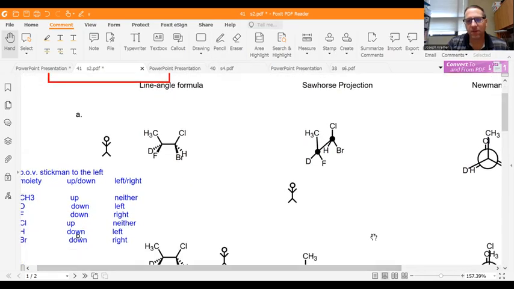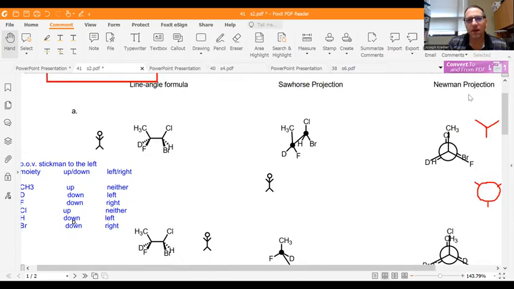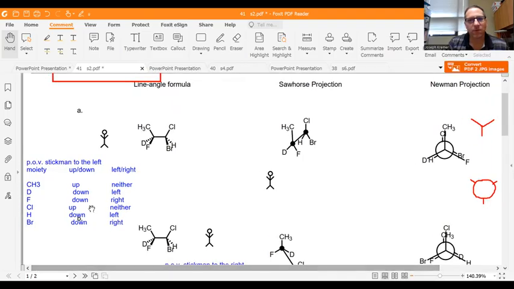And with our table, you're seeing this borne out. And the Newman projection. Didn't we record that deuterium was down and to the left? Here's deuterium. It's down. This is a Newman projection. On the whole, it is down and to the left.